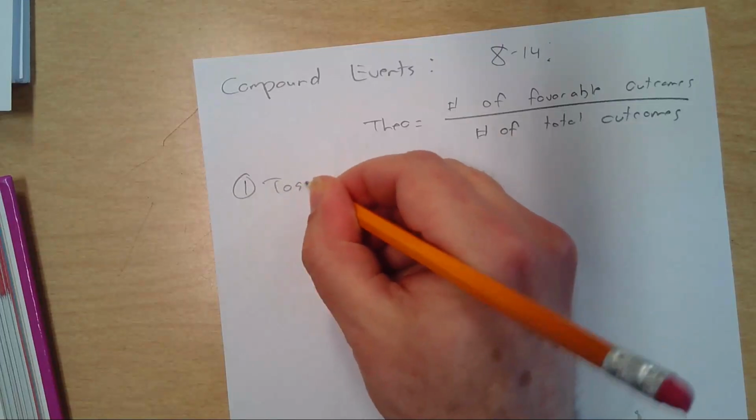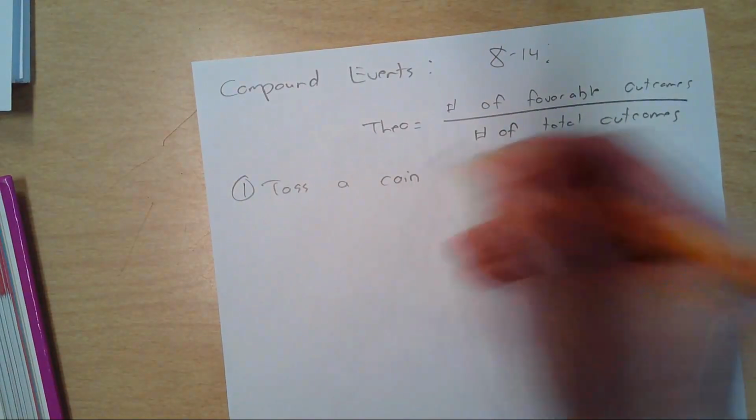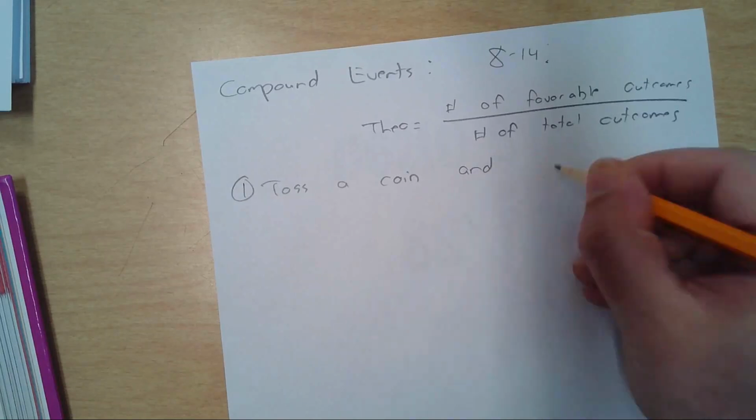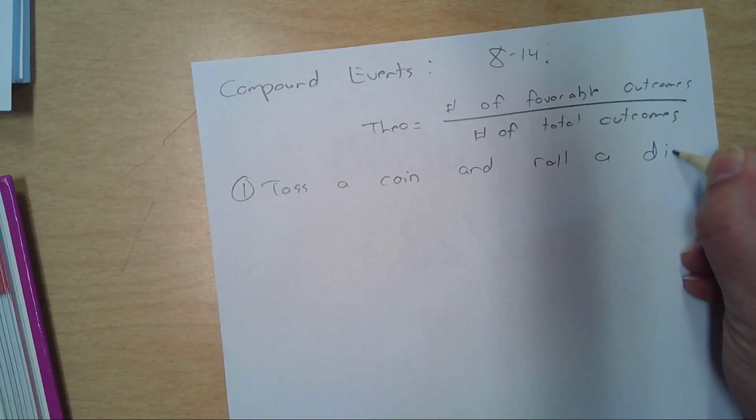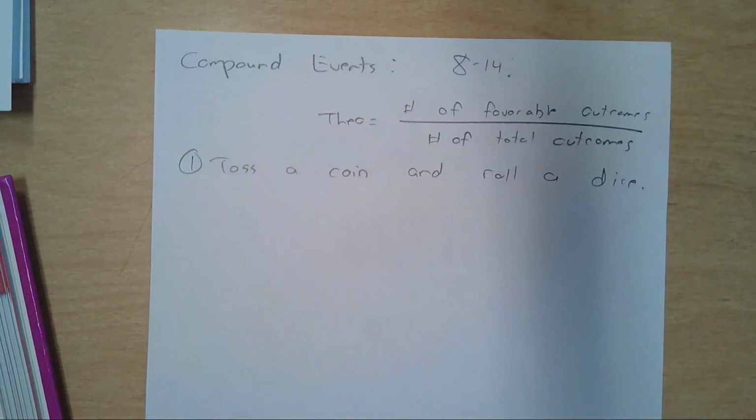Number 1 says toss a coin and roll a die. Or dice, whatever you want to call it. Die is the singular; it is the official word. One die.